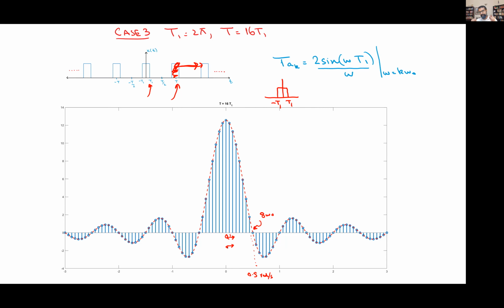In that limit, what happens in the frequency domain is that the harmonically related exponentials become closer and closer together, to a point where the contributions are not from harmonically related exponentials, but rather from exponentials that take on frequency values over a continuum of real values. So this curve is no longer going to be discrete, but rather continuous. That's where we're headed. That's what we want to analyze. That's what we want to derive.